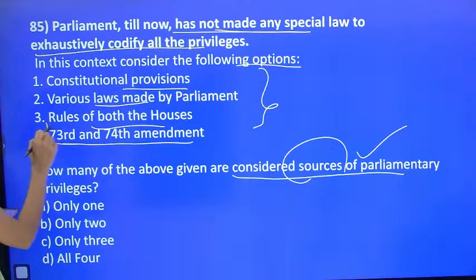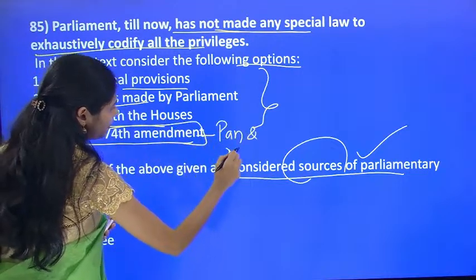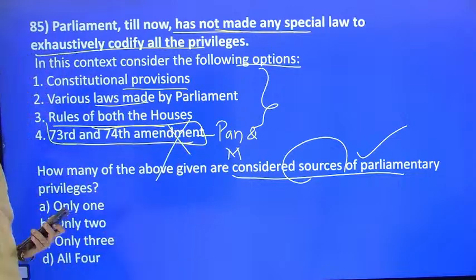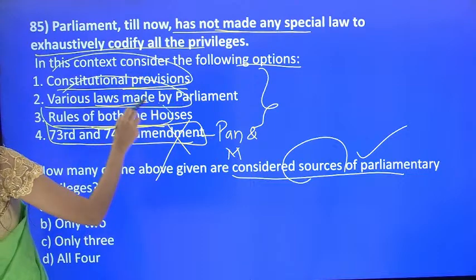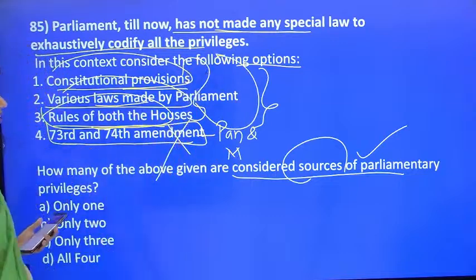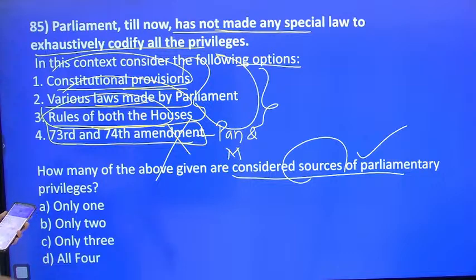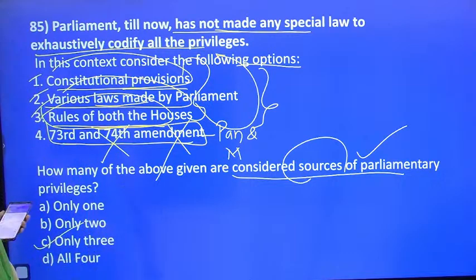The 73rd and 74th are talking about panchayats and municipalities. You can eliminate this. It's very clear, right? Constitutional provisions, laws made by Parliament and rules of both houses, all these 3 talk about parliamentary privileges, but not the 73rd and 74th Constitutional Amendment Acts. If you remove this, it is 1, 2 and 3. So only 3 is the correct answer. Option C is the correct answer.